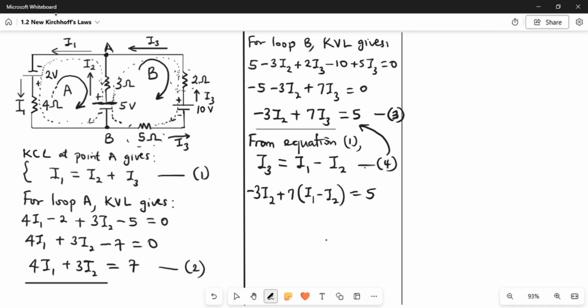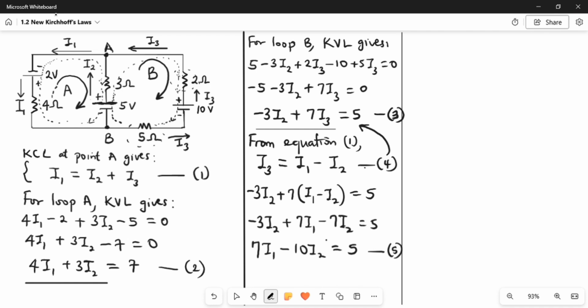If we expand this bracket, we have -3I2 plus 7I1 minus 7I2 equal to 5. Minus 3I2 minus 7I2 is minus 10I2. So we have 7I1 minus 10I2 equal to 5. Let's call this one equation 5.